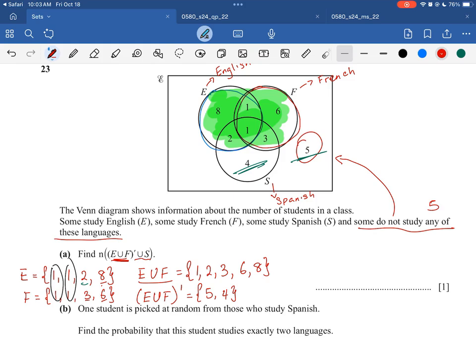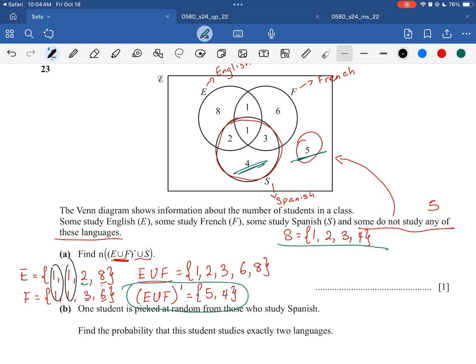Now, what is S? I'm going to take away this highlighter. Your S covers this whole thing. So your S is 1, 2, 3, 4. Alright. Now you want to find the union of this right here and this.